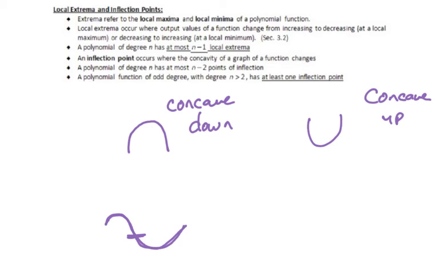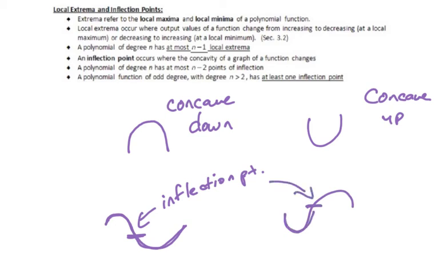That is called an inflection point. These terms are incredibly important as you progress through mathematics. Okay? And you could also have it flipped. So you could have something like this, and this would also be an inflection point. So this is going from concave up to concave down. Okay.